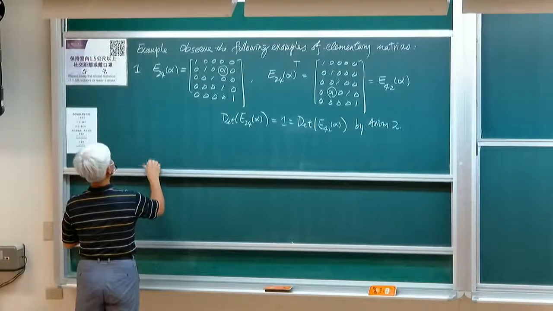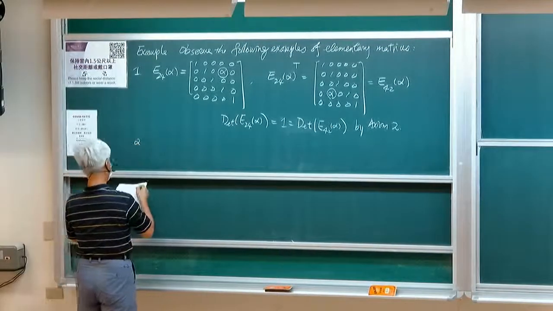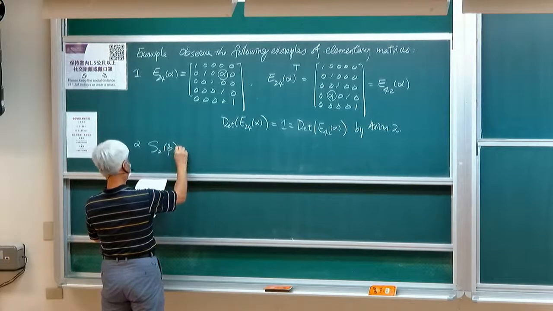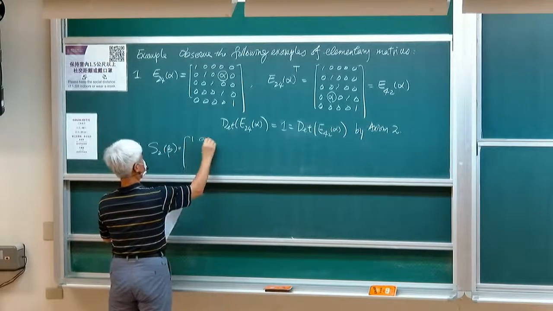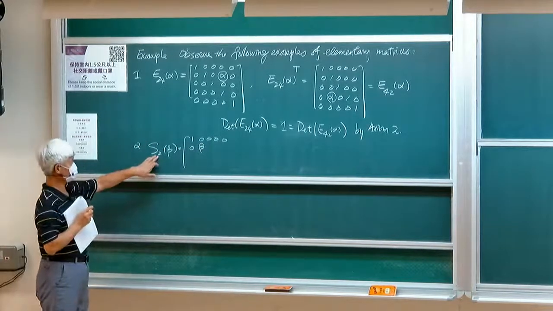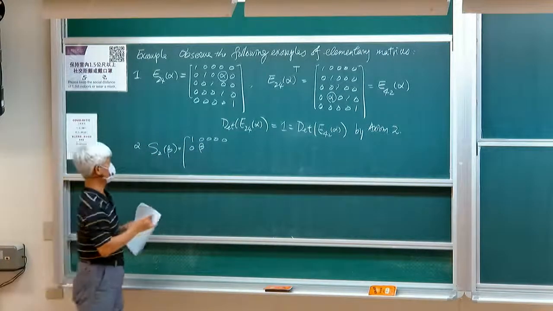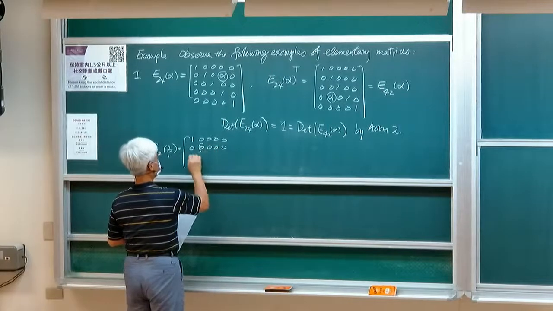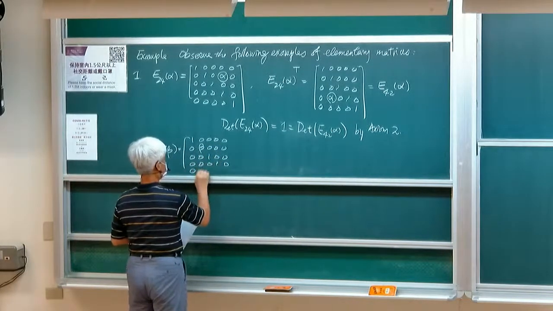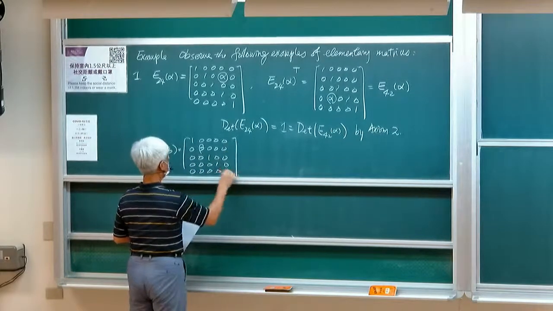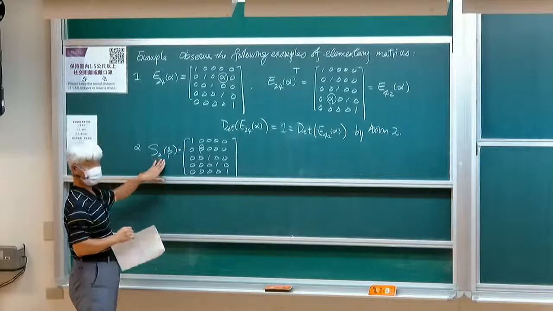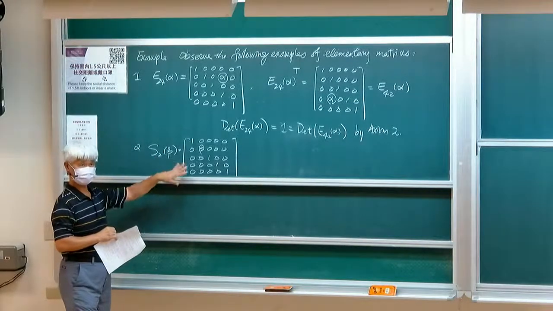So the second one, S2 beta. So we multiply the second row by beta. So it is a diagonal matrix too, right?